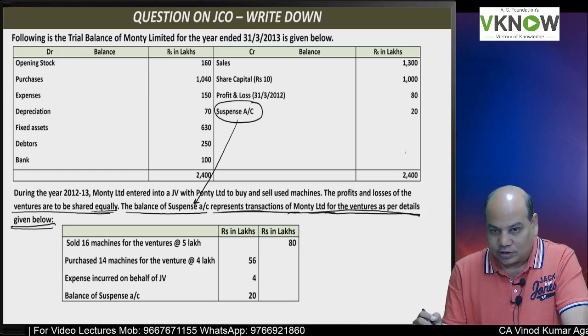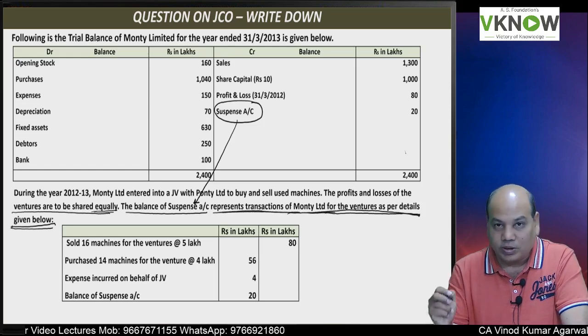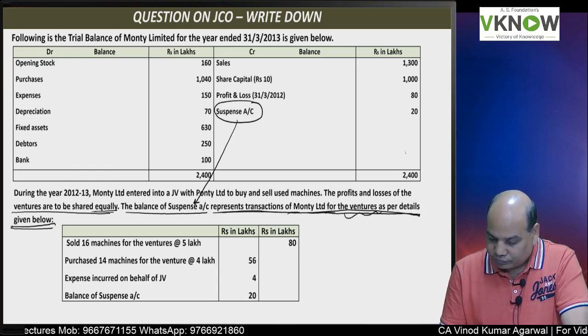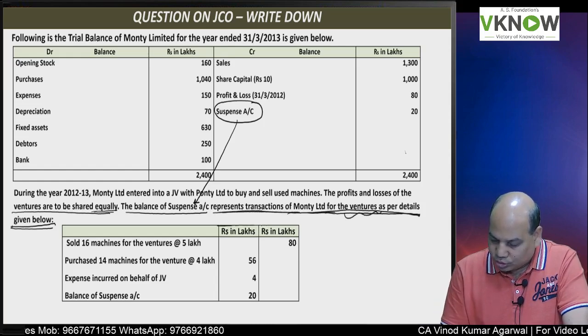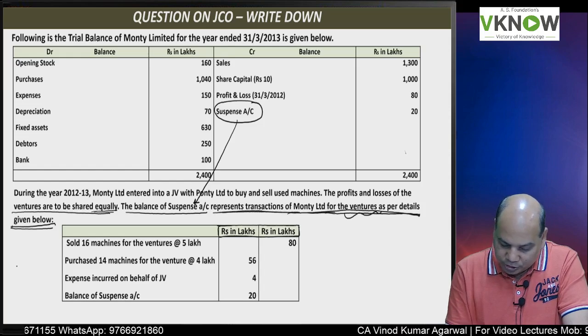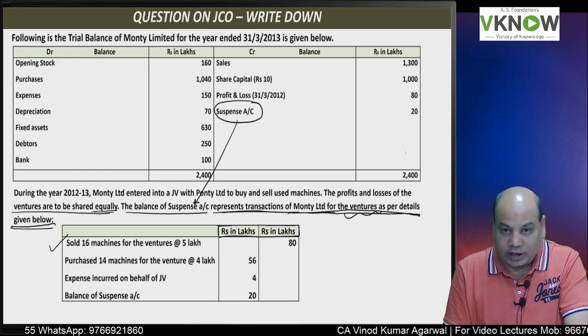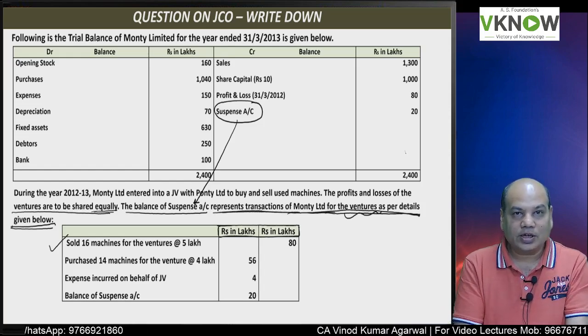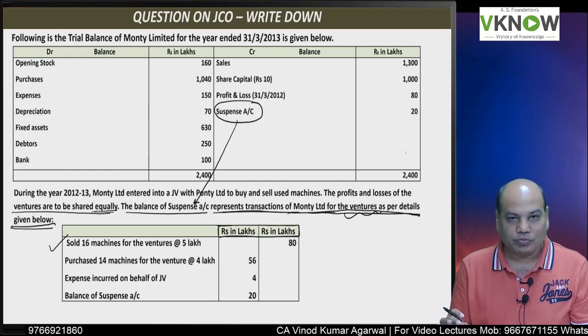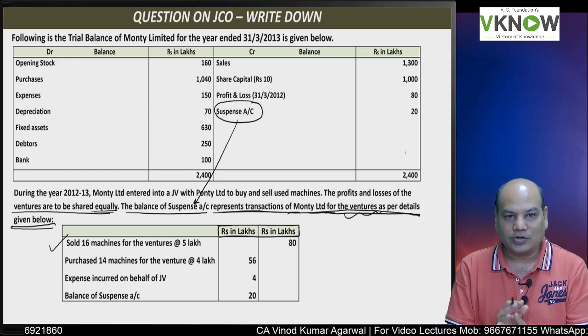Now these are the transactions entered into by Monty Limited with respect to joint venture. Right hand side, draw two columns, rupees in lakhs, rupees in lakhs. Very, very important question. You will not find this question in study material or in other class notes also. It is only in your class.